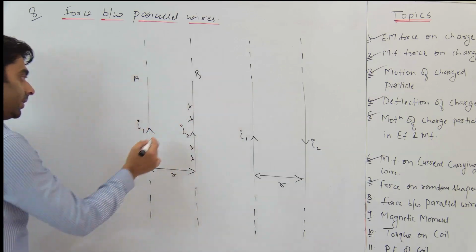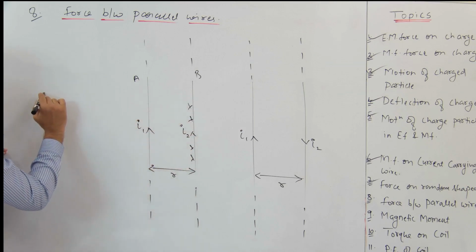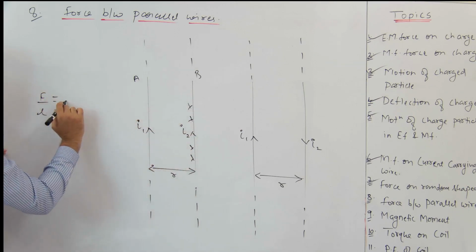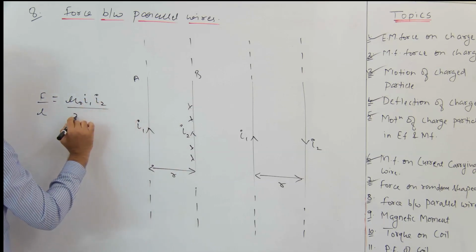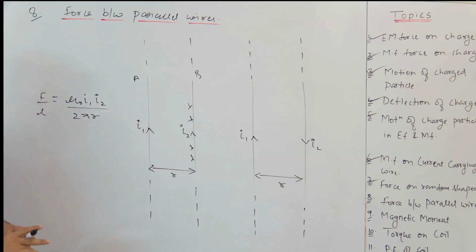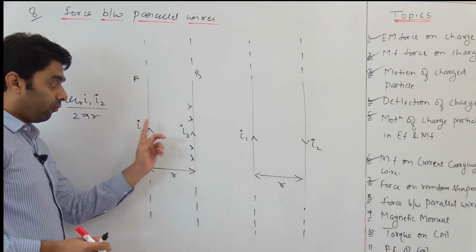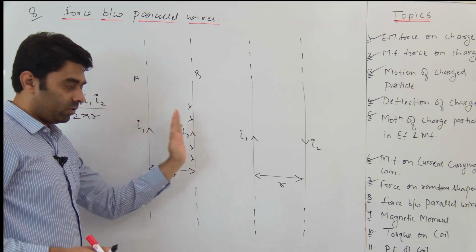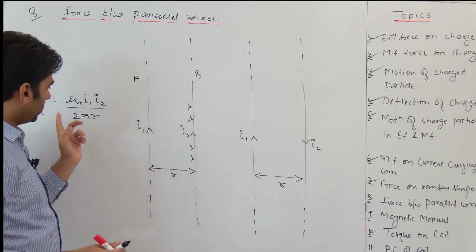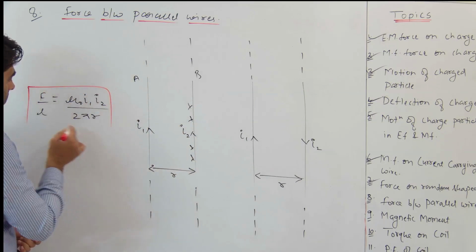So when we finally derive the result, the force per unit length is mu naught I1 I2 by 2 pi r. This is the magnitude of force, and to be noted, this is force per unit length. On a unit length, each one of them will apply force on the other, and that force will be mu naught I1 I2 by 2 pi r.